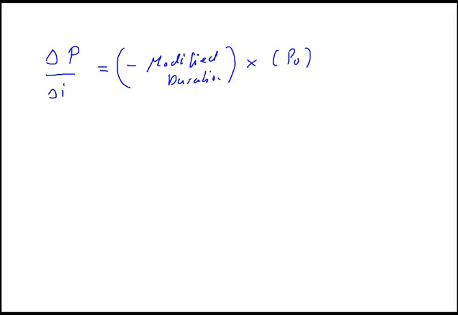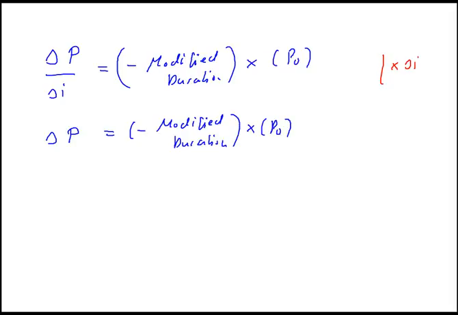I can multiply both sides of the equation by the change in the level of interest rates, and that gives the first term of the Taylor approximation function: the price change of the fixed income security equals minus modified duration multiplied by the price of the bond before the change in interest rates times the change in the level of interest rates. That's exactly the first term of the Taylor approximation function.